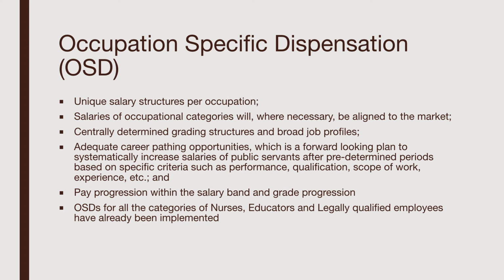Occupation-specific dispensation was created as a framework to attract, but also to retain especially scarce skills in the public sector. And with scarce skills, we mean persons that are highly qualified in specialized areas, such as in the medical profession, doctors and nurses, professional nurses specifically, engineers, for instance, or legally qualified persons such as attorneys.